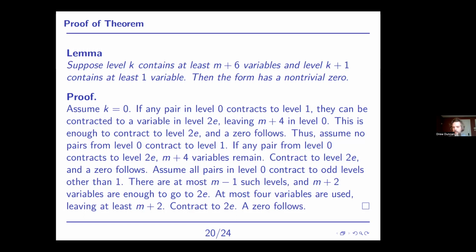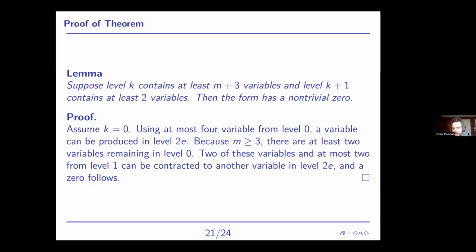So we need at most m plus 2 variables in order to get two pairs to go to the same odd numbered level. So we perform that contraction. It uses up at most 4. We're again left with m plus 2 variables. And just as before, that's enough to perform a contraction to get all the way to level 2e. We contract those two variables and we're done. Okay, it's all downhill from here.